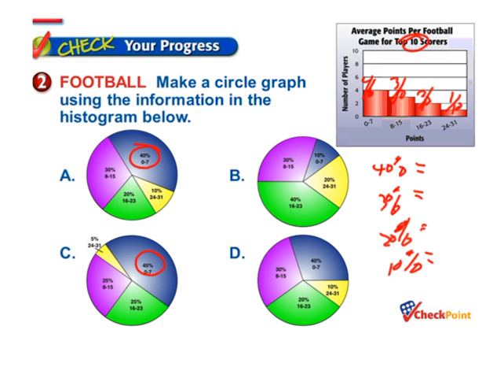Next one, 30%, looks to be the purple ones. Probably the best estimate of the purple ones is either this one or this one. This one we'd already eliminated, so it's up here. And then we've got the 20% and the 10%. It does look to be answer A is probably our best graph estimate.